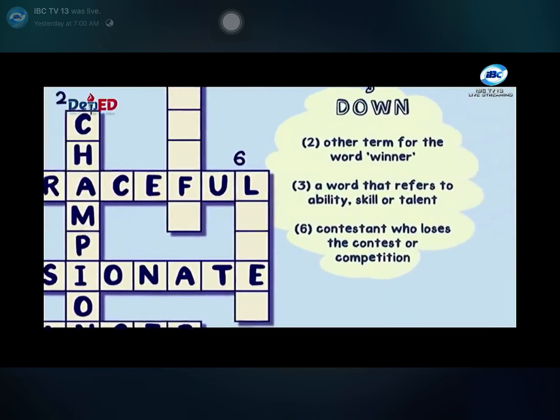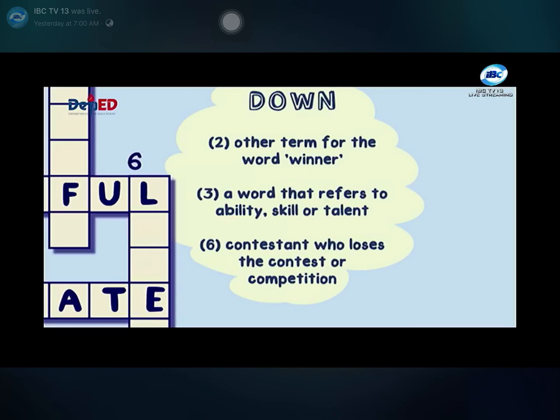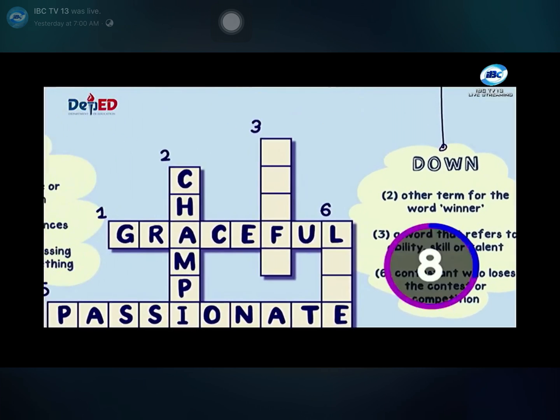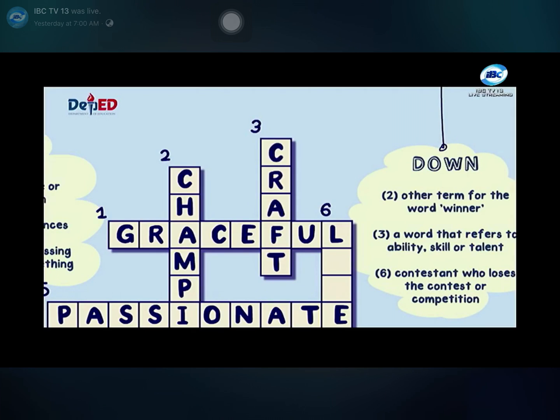For number 3, it is the word that refers to ability, skill, or talent. If your answer is craft, awesome!